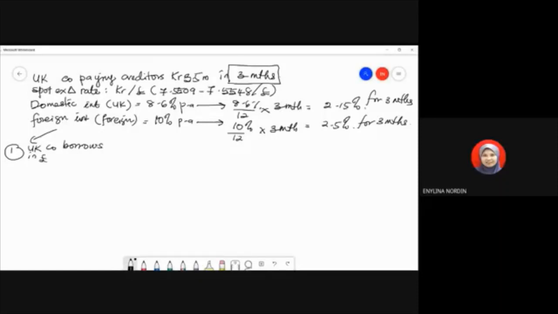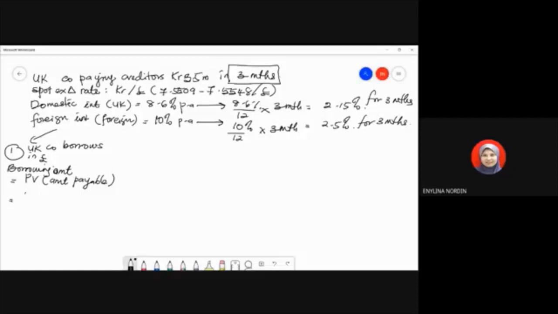You must take note that the borrowing amount must equal the present value of the amount payable. What is the amount payable? 3.5 million. So we need to borrow the present value of this 3.5 million kroner. How do we find the present value here?